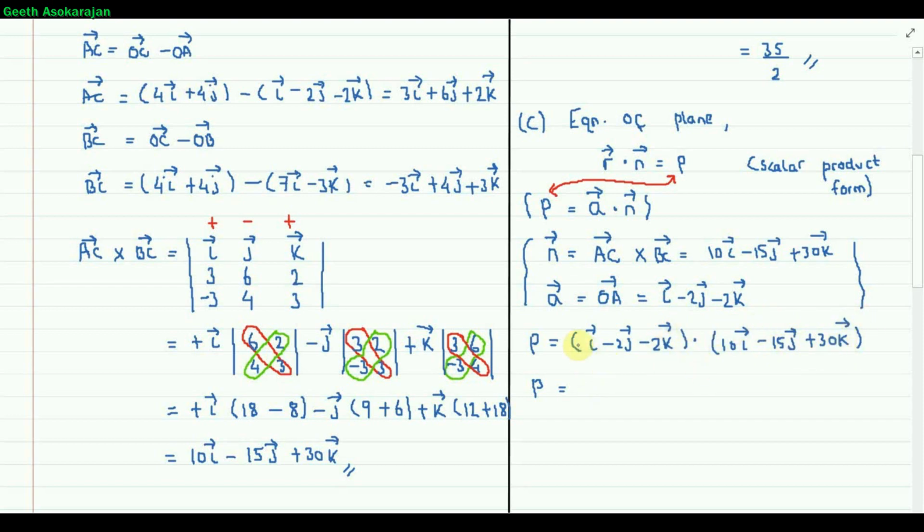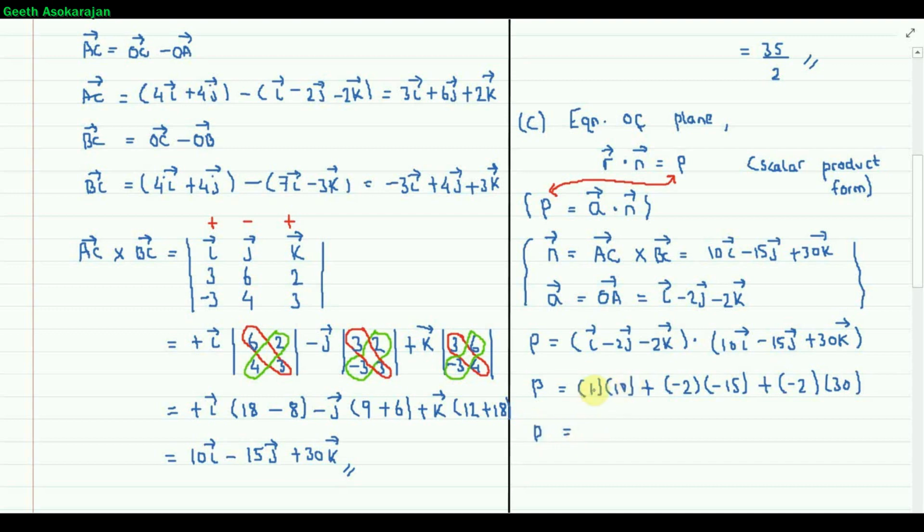So if I multiply the coefficients of i, I have 1 times 10, and then we always add, then multiply the coefficients of j, minus 2 from here, multiplied by minus 15 from here, always add, then multiply the coefficients of k, minus 2 from here, multiplied by plus 30 from here.